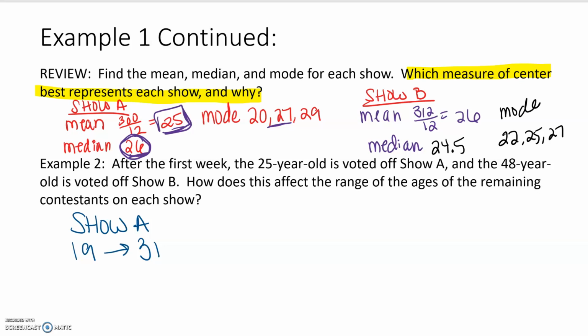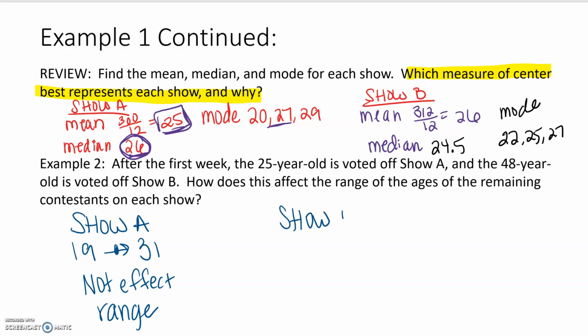And it's telling me that the 25-year-old, so someone in the middle, was voted off of this show. That will not affect my range because remember, range is always the biggest minus the smallest. So since it is neither one of those numbers, it does not affect my range.